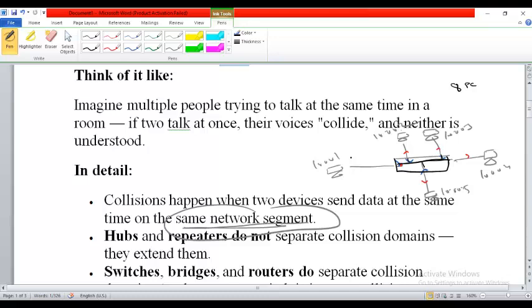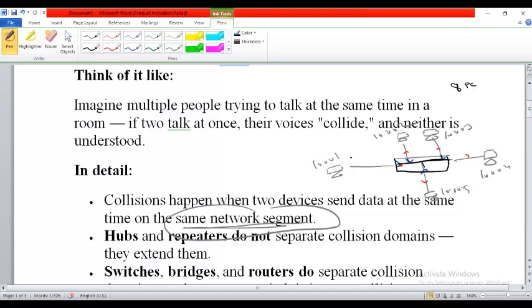The backbone cannot control. Now, a hub has got only one collision domain, meaning only one backbone, in which everyone should somehow manage and go. That is why hubs don't have more than 8 ports.